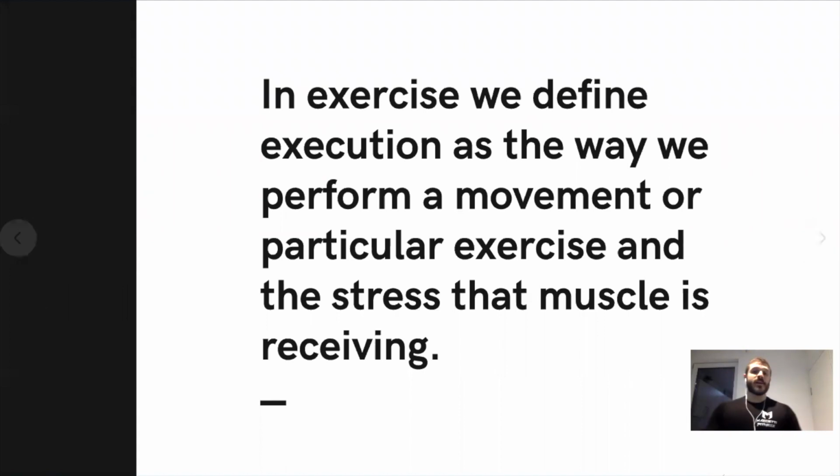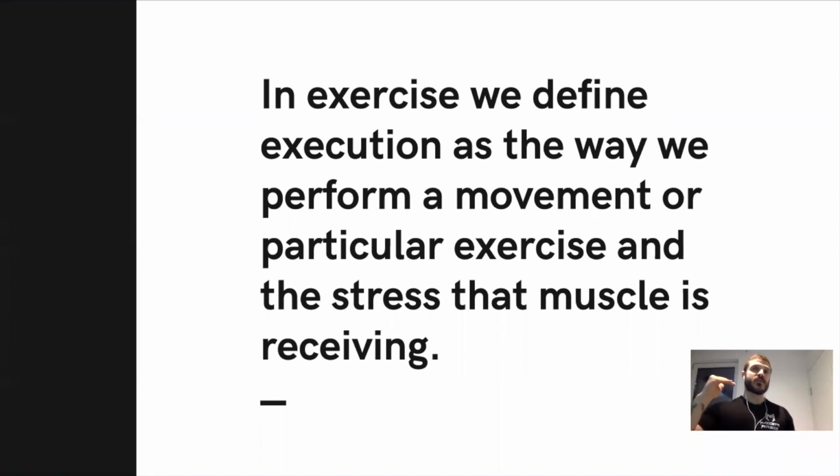So in exercise, we define execution as the way we perform a movement or particular exercise and the stress the muscle is receiving. So I'm going to divide basically the way that we're going to produce the right volume and the right muscle stimulation into three things.